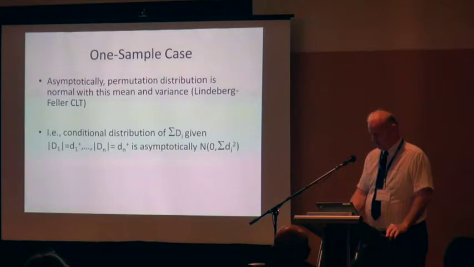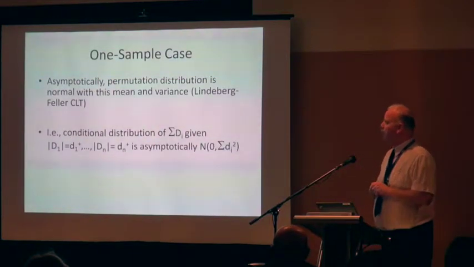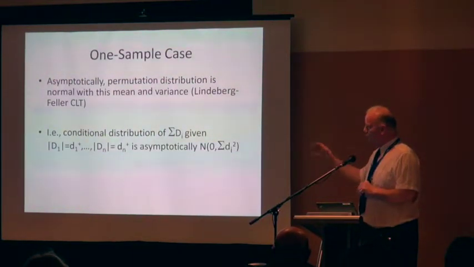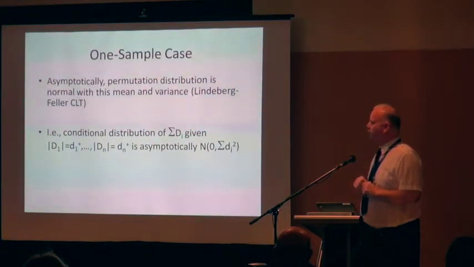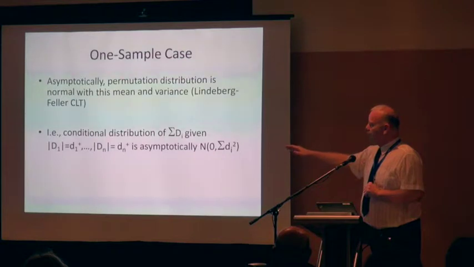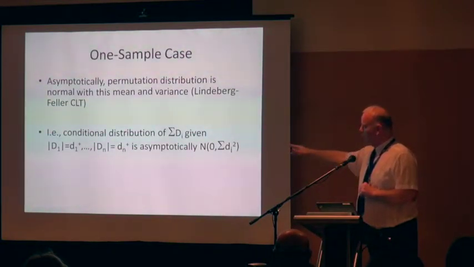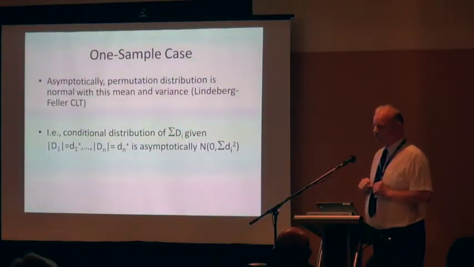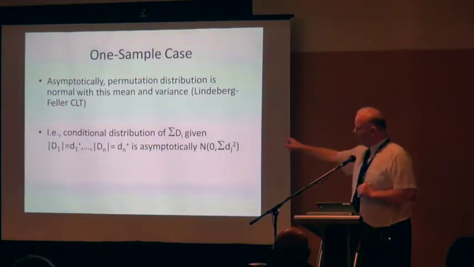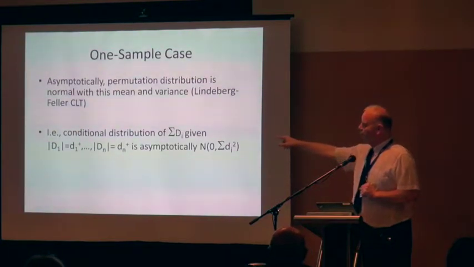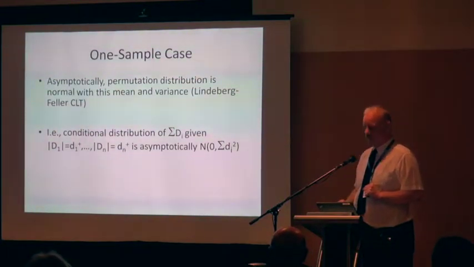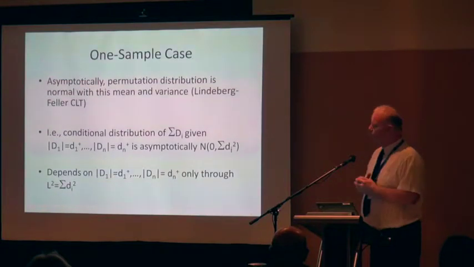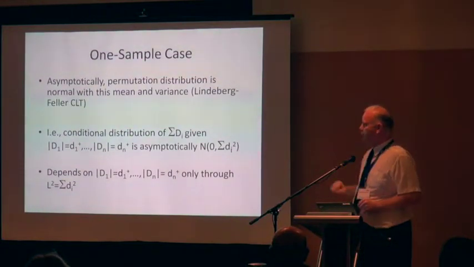So in other words, what we're saying then is the conditional distribution of the sum of that first stage data, given the absolute values of the D's, asymptotically is normal with mean 0 and this variance, the sum of the D_i squareds. So this conditional distribution depends on the absolute values of the D's only through the sum of the squares of the D's.